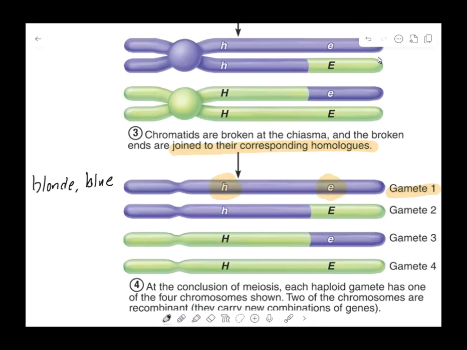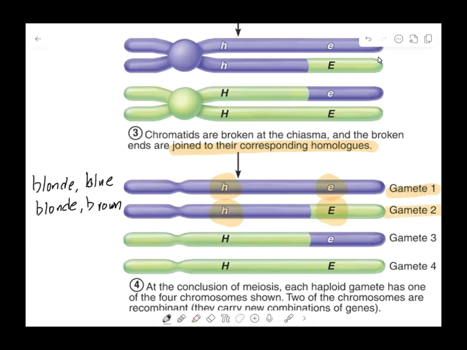The next gamete is also going to have blonde hair. However, it's going to have brown eyes. You can see that one of the alleles is recessive for hair, and the other allele is dominant for eyes. So therefore they have brown eyes.